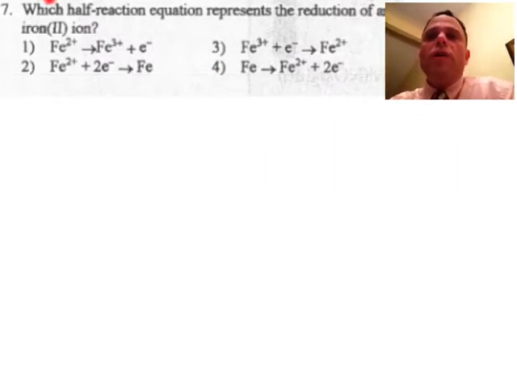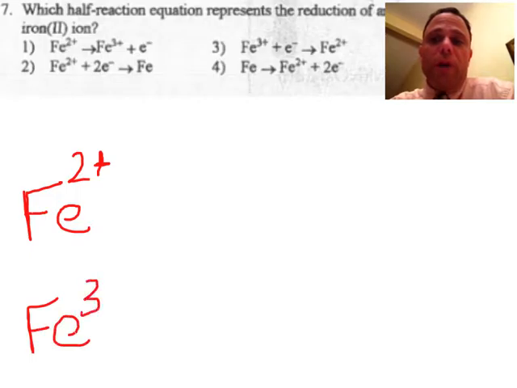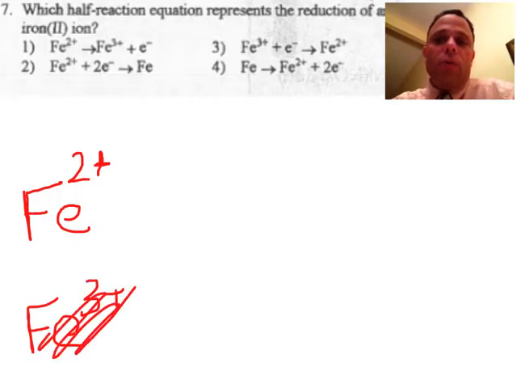7. Which half reaction equation represents the reduction of an iron 2 ion? Iron 2 ion. Well, if it says iron 2, it's telling you that you must have the iron 2 plus version. There is also an iron 3 plus, but that's not the one we're talking about.